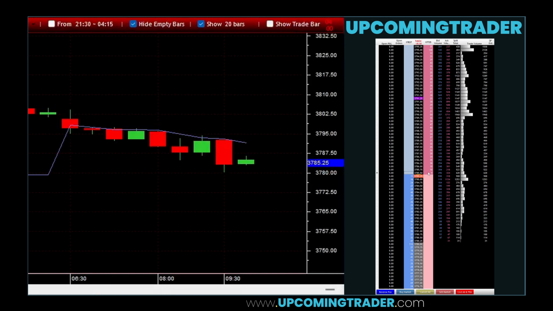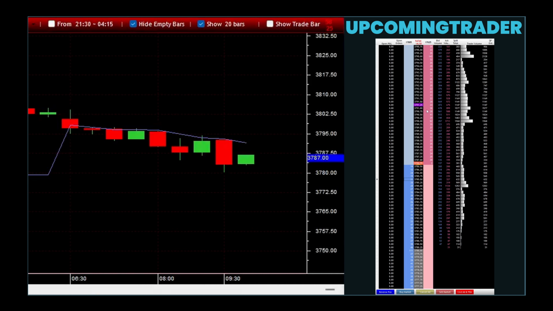Second, study past market conditions where this pattern appeared to gain insights into how often and under what circumstances it leads to sustained bullish trends. Third, assess the volume supporting the three white soldiers pattern. Increasing volume can indicate stronger buyer commitment and a higher likelihood of a trend reversal.